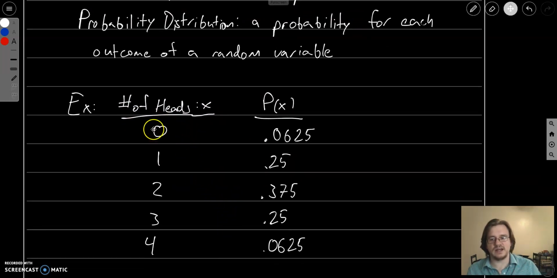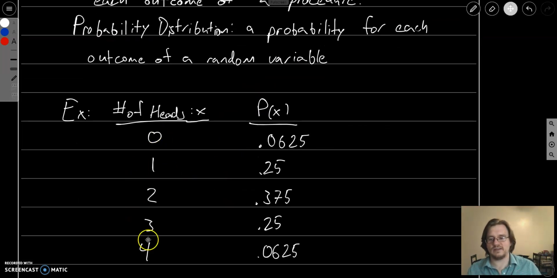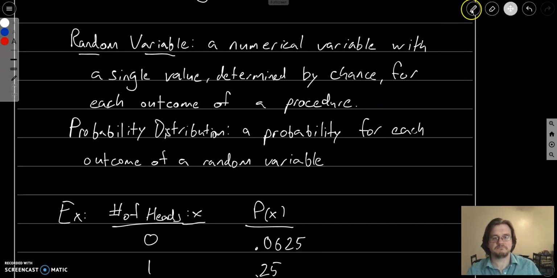So you could get 0 heads, 1 heads, 2 heads, 3 heads, or 4 heads. The number of heads is a numerical value, and you only get one number of heads, as in you can't get both 1 heads and 3 heads at the same time. It's only one value, and it is in fact a number.